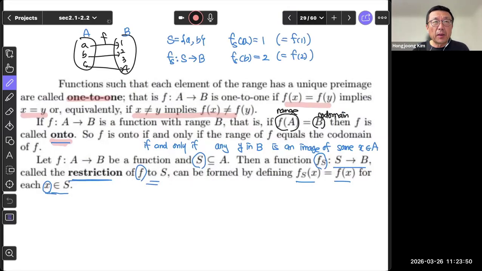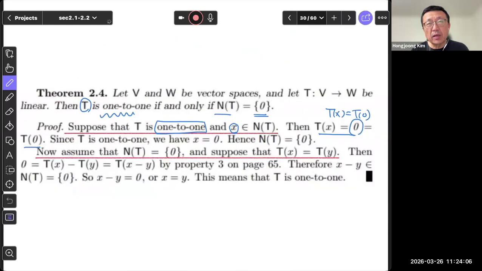We say the mapping is one-to-one if equal image implies equal pre-image. So when T of x and T of 0 are the same, and I know that this mapping is one-to-one, then x must be 0.